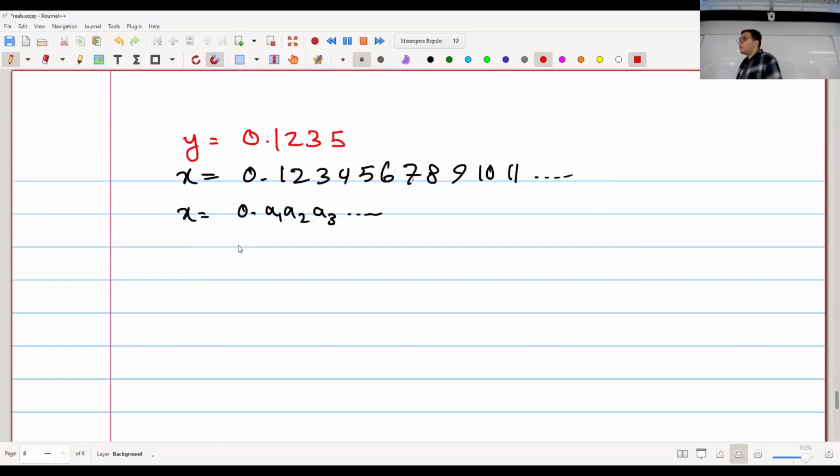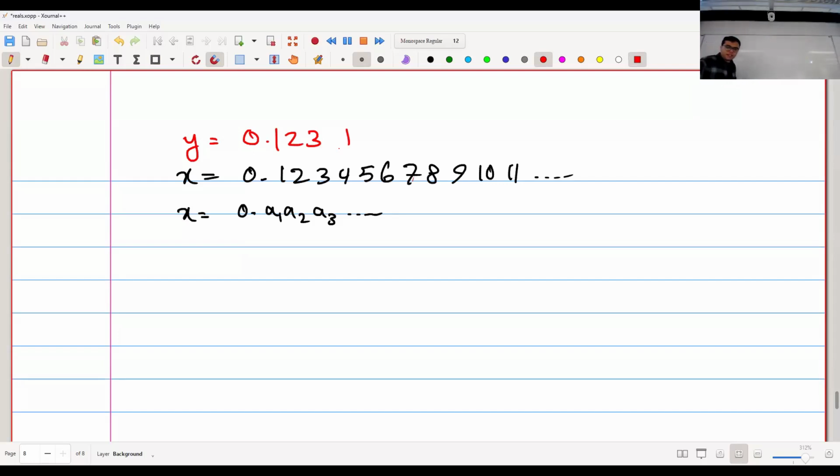0.1235, right? I can compare y with x because I can compare digit by digit. As long as they're the same, I keep going until I find the first mismatch. And then I just check which one is bigger. In this case, y is bigger, right? So if my y was something like 0.1231, then y would be smaller than x. So if I have an infinite decimal representation, I have a way of comparing any rational number with it.